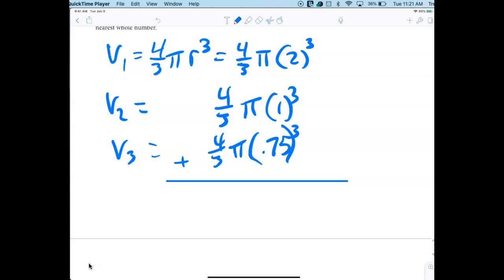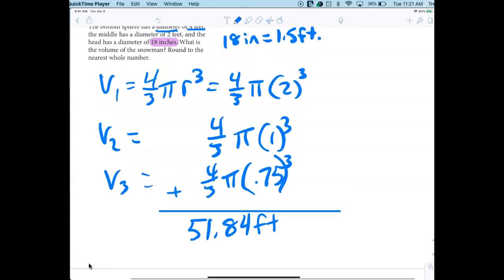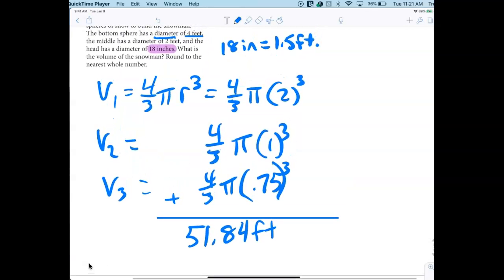So when you think you have the answer, let me know. 51.84. Anybody else get 51.84, and then it would be what? Inches or feet? Feet. Cubic feet.